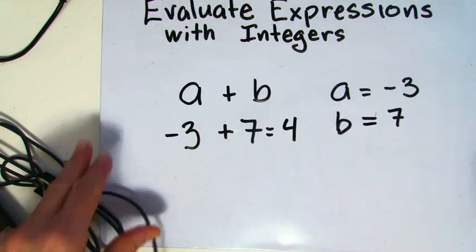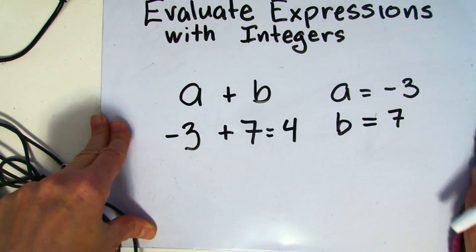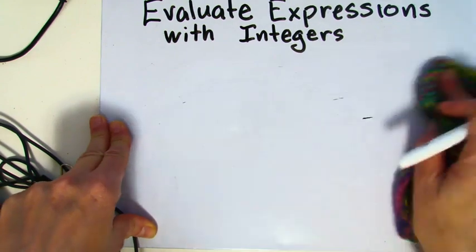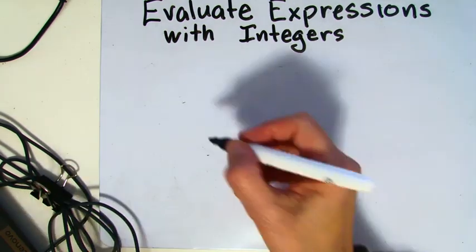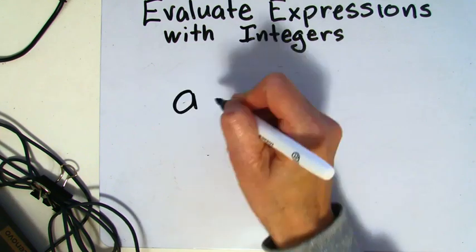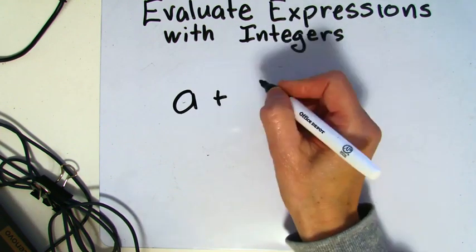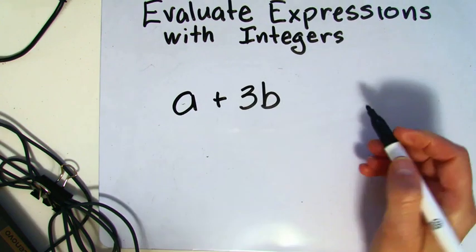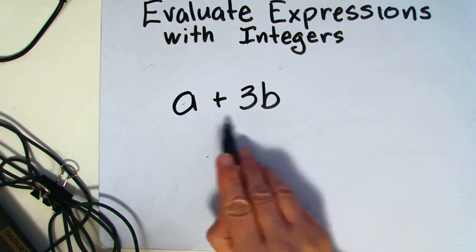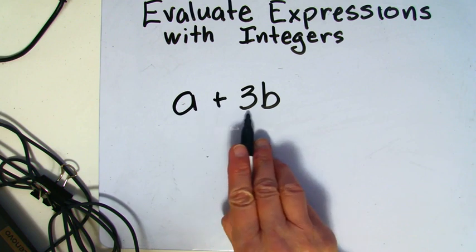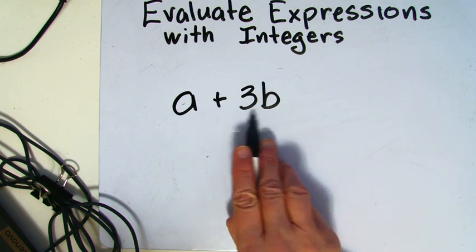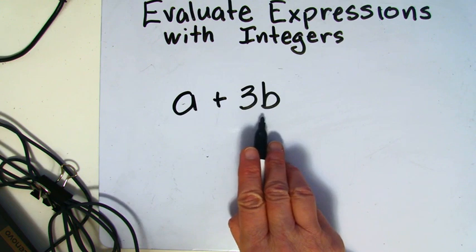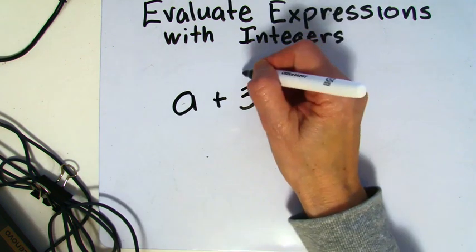Okay, now you might have other problems like that. Let's make this a little bit harder. Let's say we have A plus 3B. Now, when you see a number next to a variable without an operation, this means multiplication.